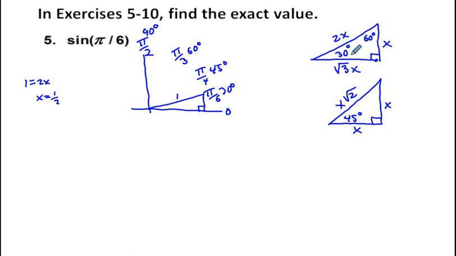So the opposite side is 1/2. Our answer here is that sine of pi over 6 is 1/2.